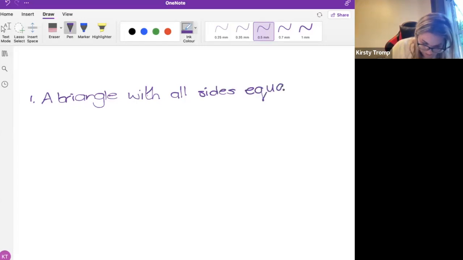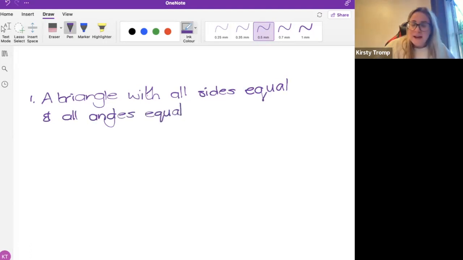So what is the name of a triangle with all sides and all angles equal? I have to ask Lorena because her hand was up before I even finished asking the question. Right, Lorena, what's that triangle called? The triangle is called equilateral. Amazing. Thank you so much, Lorena. So that one is an equilateral.